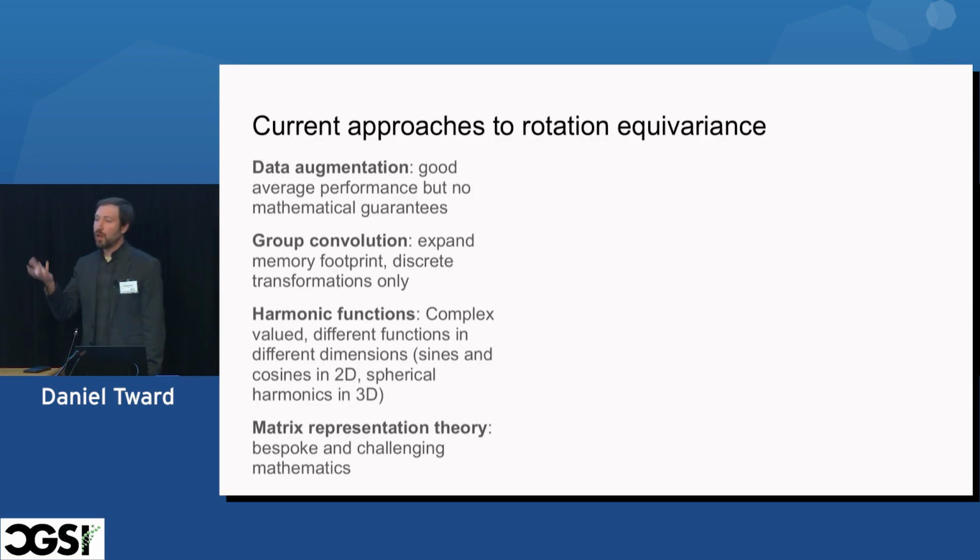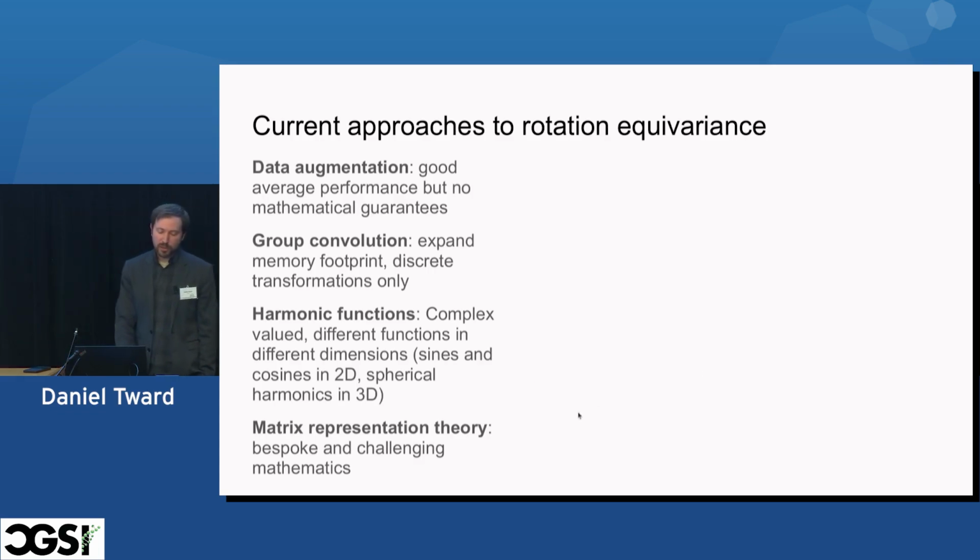What we do is we apply transformations to our input data to kind of generate a randomized bigger data set. So if we have one image of a cell, we can train our neural network on all possible rotations and reflections of that cell, and then we would expect the classification to be independent of the orientation. Now this works well on average, but it comes with no mathematical guarantees. The difference between the best orientation and the worst orientation can sometimes be substantial.